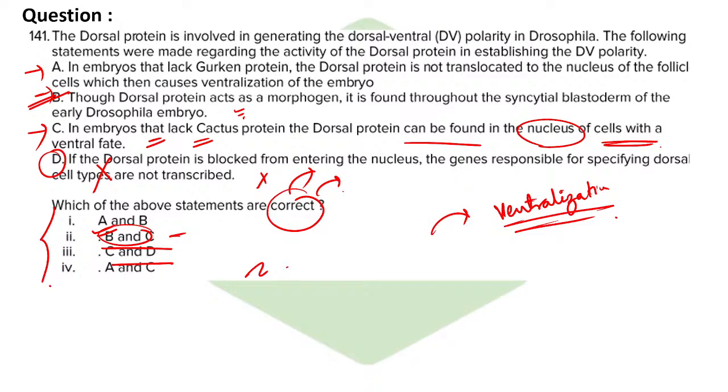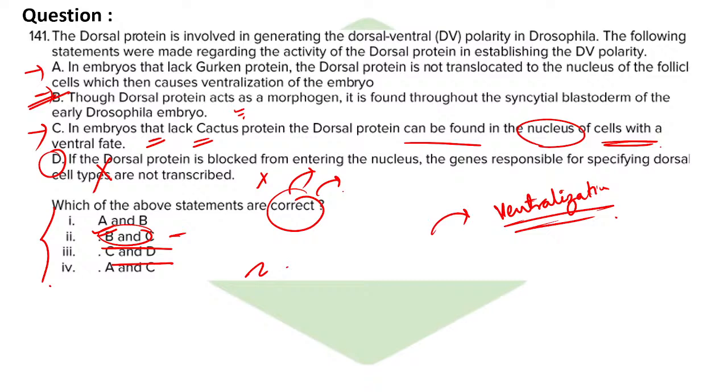If the Gurken protein is not there, it will not be translocated into the nucleus, which causes the ventralization. No, ventralization is because of the dorsal protein. There is no correlation of the Gurken protein over there, right? Because Gurken protein helps in the dorsalization and not the ventralization, right?